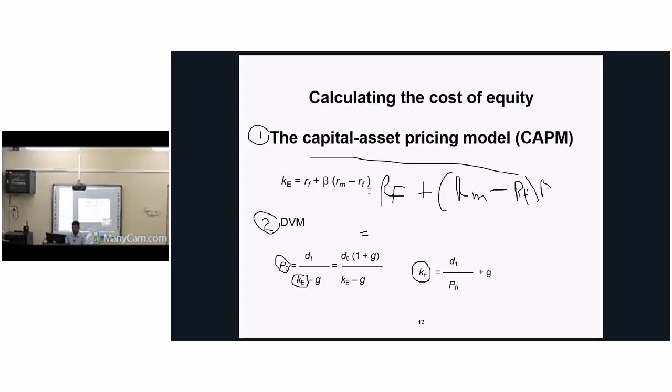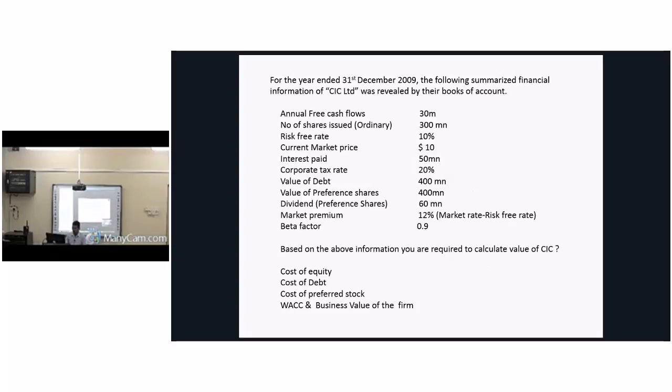And if your firm has more than equity, which you can find from the balance sheet, it is not fair to use the cost of equity value to value the business. So therefore you need to extend to find the cost of debt and also the cost of preference shares. So let's move on to the next one, to arrive at the cost of debt.